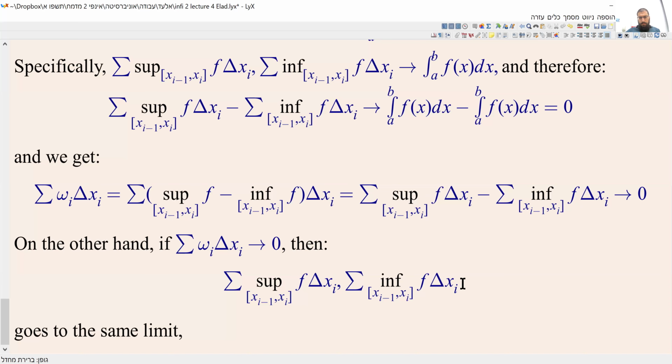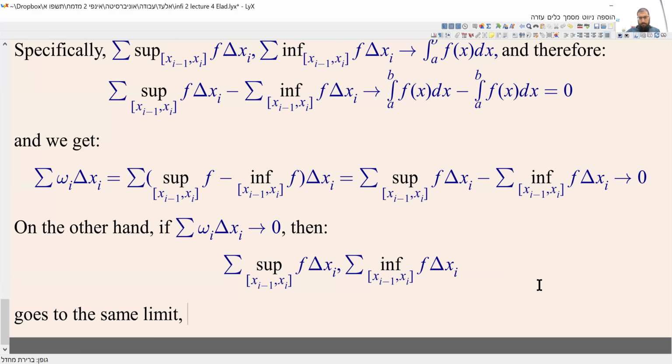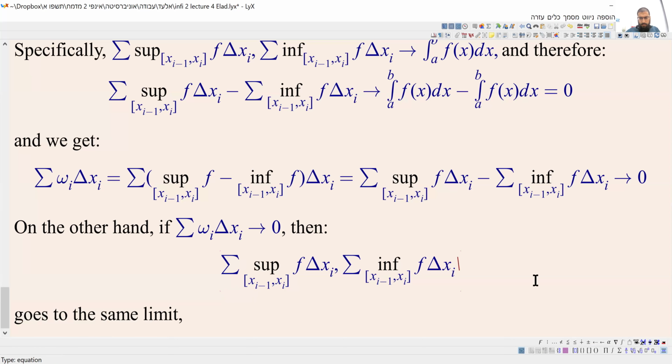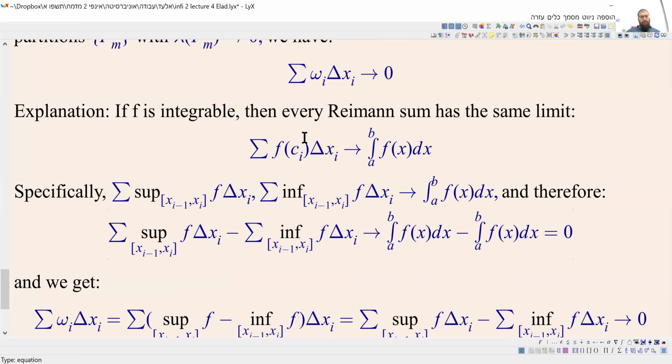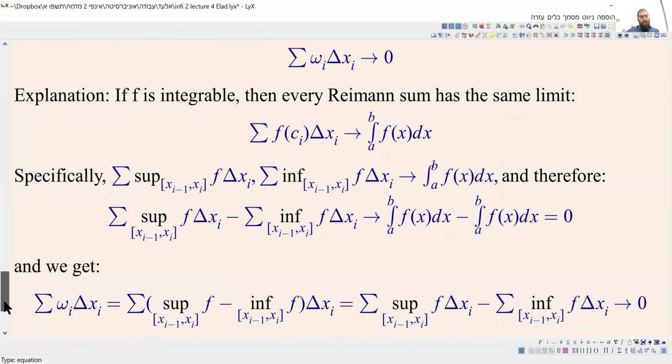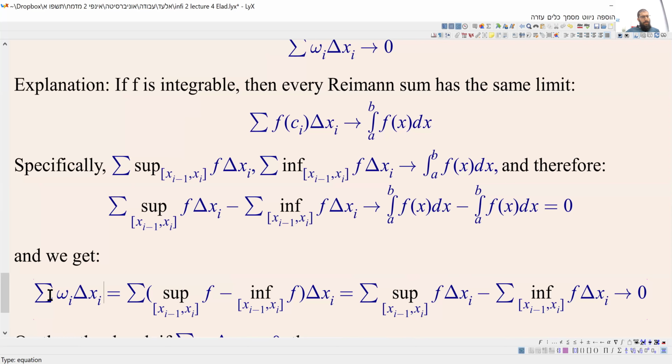Let's call it L, because you know limits. Omega is the difference between sup and inf, and if the difference between them goes to zero, it means that sup and inf go to the same limit. So your difference will be zero, right?